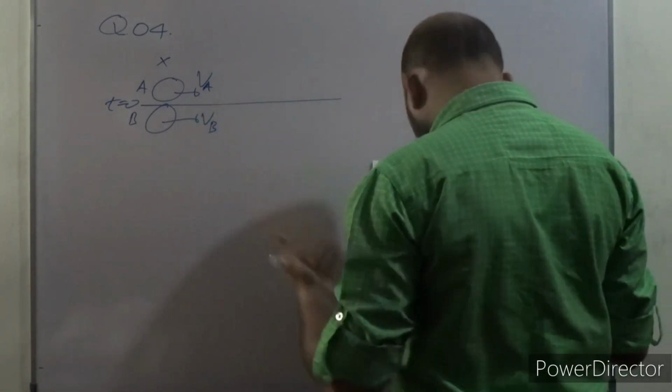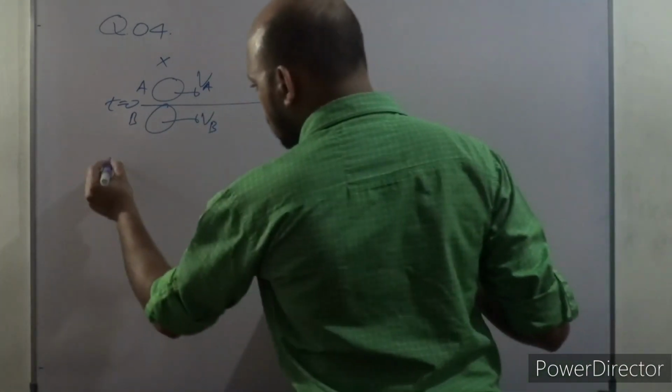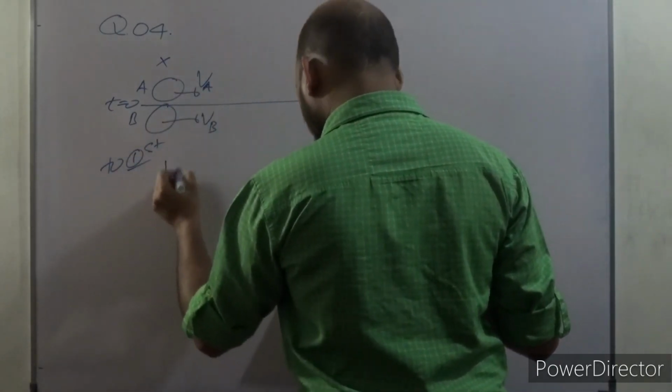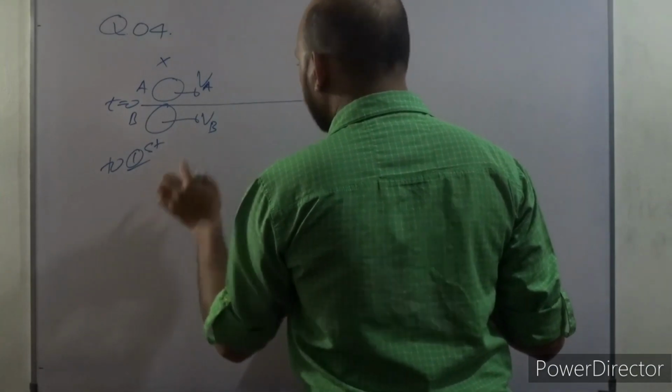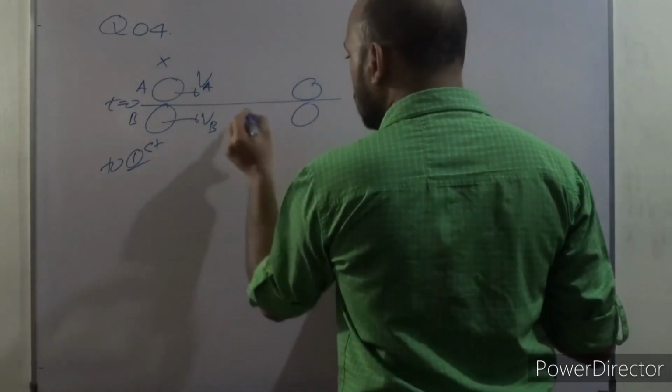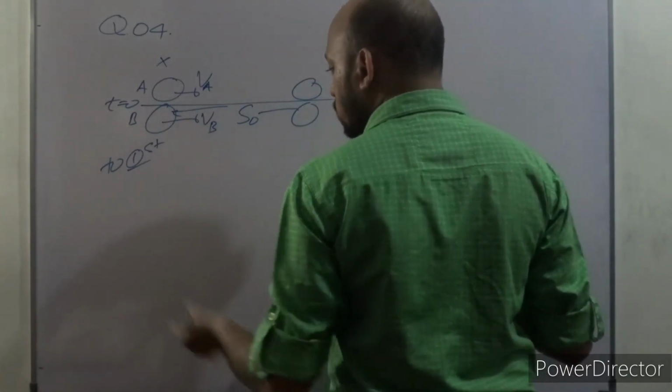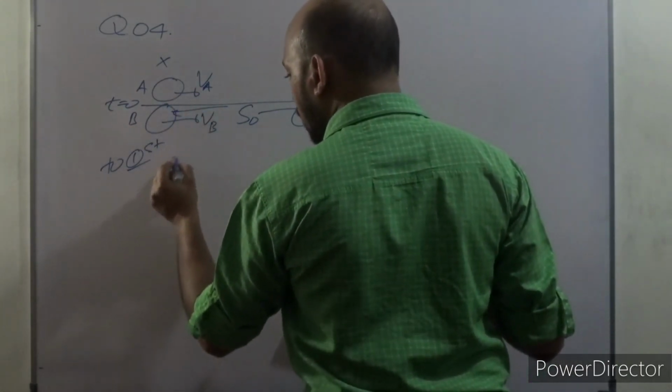If we consider the first instance, suppose the distance when B passes A is S0.